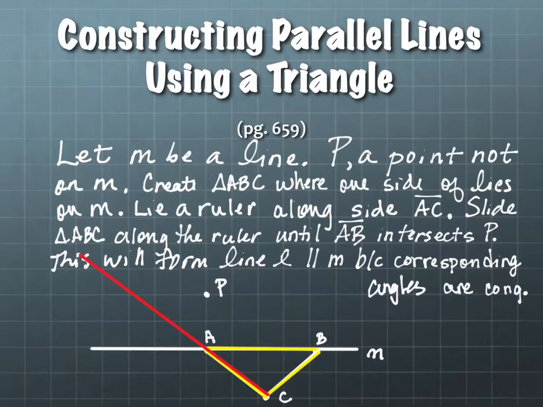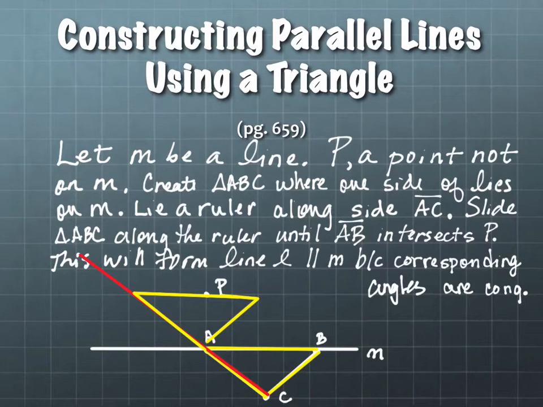And we're going to slide the yellow triangle up the side of the ruler. So if you can imagine, we are going to end up eventually with my triangle being up here, like so. This is not perfectly drawn, but you're going to imagine the triangle is now up here, shifted, right?